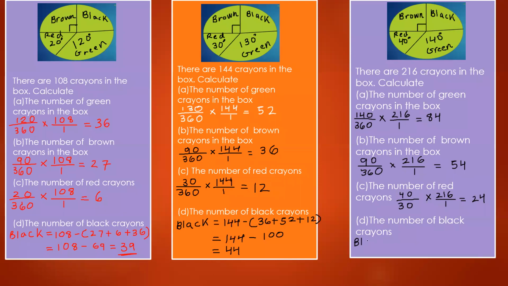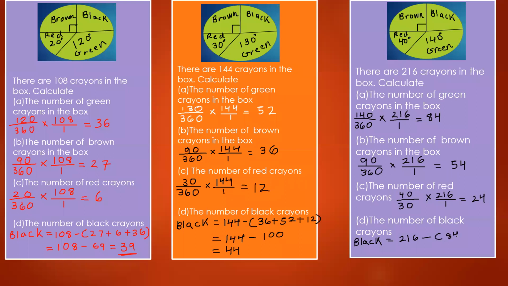Now we want black crayons. How are we going to get that? It's 216 minus 84 plus 54 plus 24, which equals 162. So then it's 216 minus 162, which equals 54. Good.